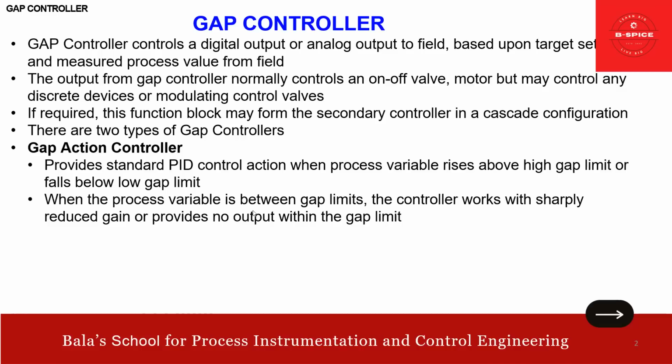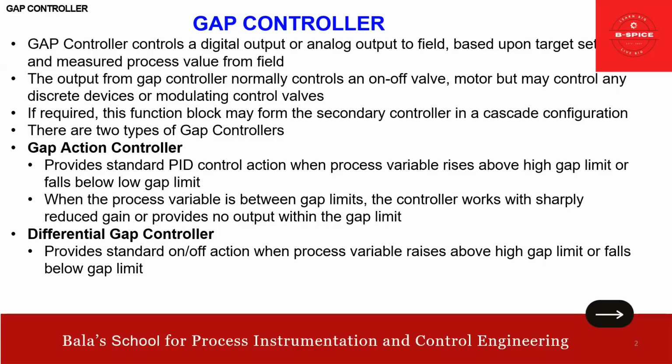It provides PID control action when the process variable rises above the high limit or falls below the low gap limit. And when the process variable is between the gap limits, the controller works with sharply reduced gain or provides no output within the gap limit. We will explain the gap and everything with a typical example in the next slide. Now, the differential gap controller. It provides a standard on-off action when the process variable rises above the high gap limit or falls below the low gap limit.